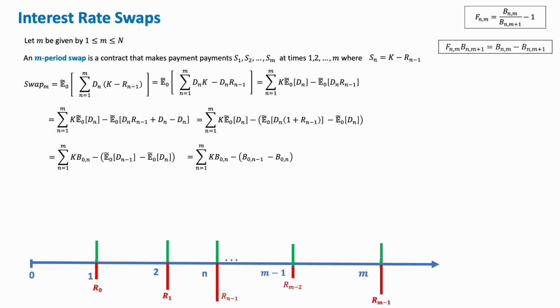So next, if you look closely, the expected value as of time zero of D_{n-1} is nothing but this expression here. It's just the price of the zero coupon bond paying $1 at time n minus 1. And this is nothing but the price of the zero coupon bond paying $1 at time n. And from here, we can replace it by this expression.